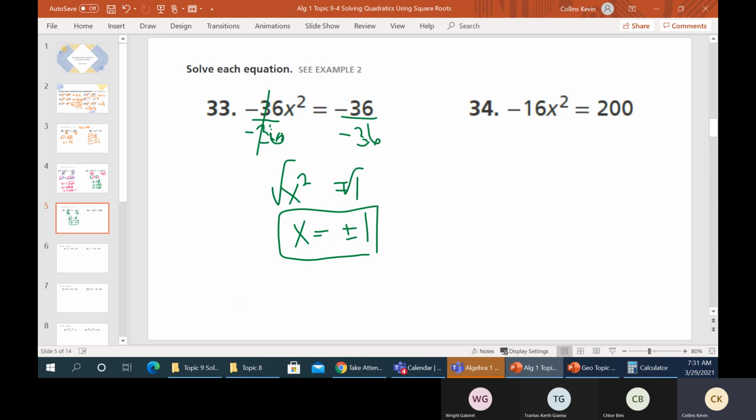Okay, so let's check out the next guy. Before we get going, do we think we have a solution here? Think we're going to get an answer for this one? What do you think?